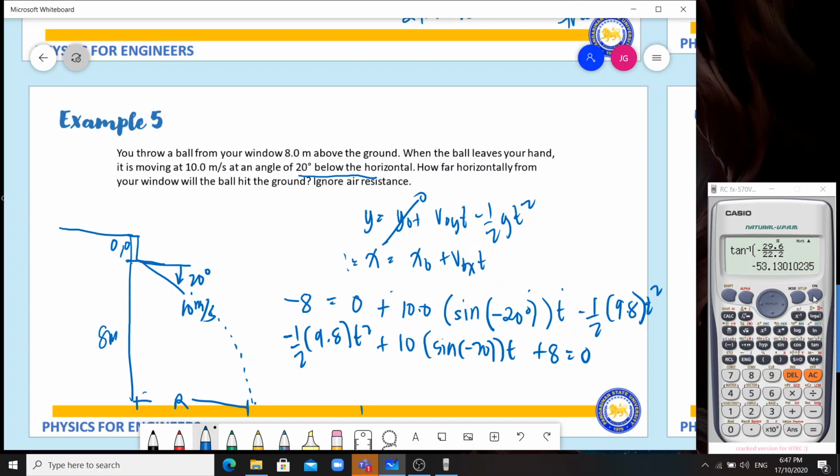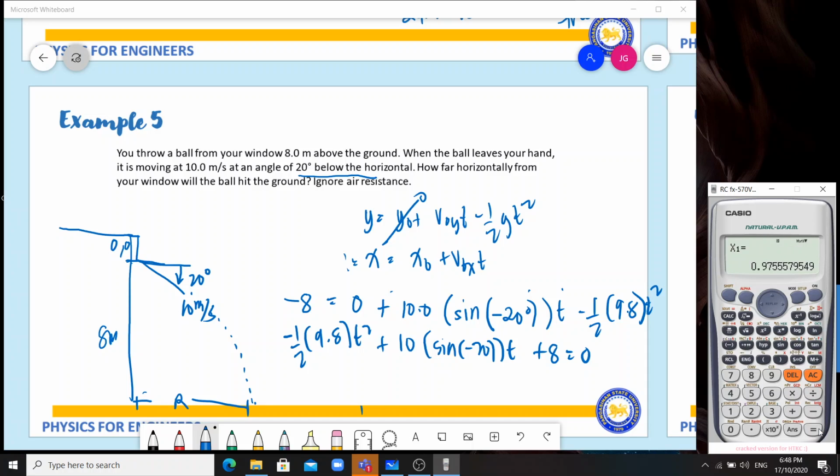So, gamitin natin si quadratic equation to find the roots. Negative 1 half times 9.8 equals 10 sine negative 20 plus 8.